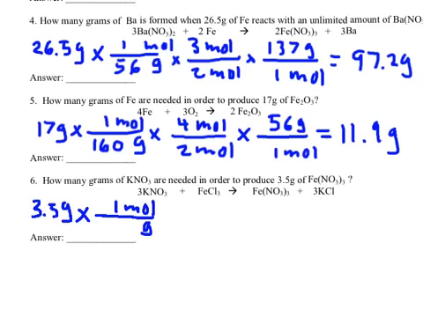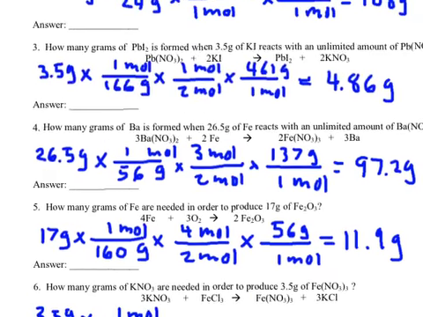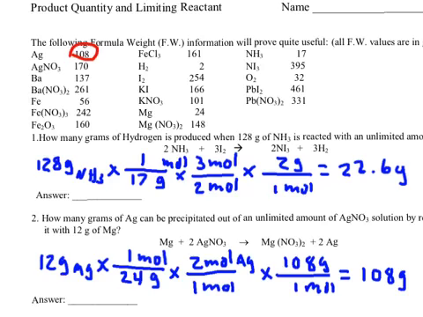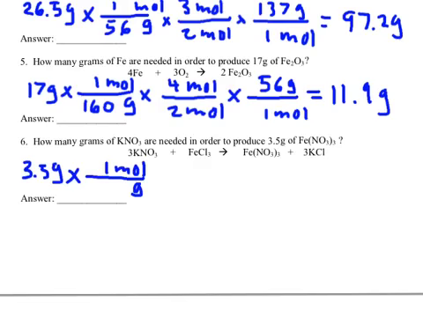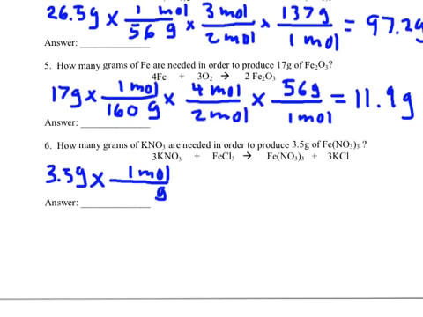So now we're talking about FeNO3. FeNO3 is 242 grams. So I'm going to go here and put 242 grams. And now what I have is moles of FeNO3. How many moles of it? There's 1 mole of it. So I'm going to say 1 mole of that.